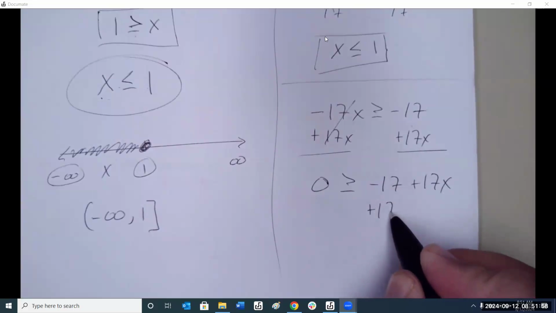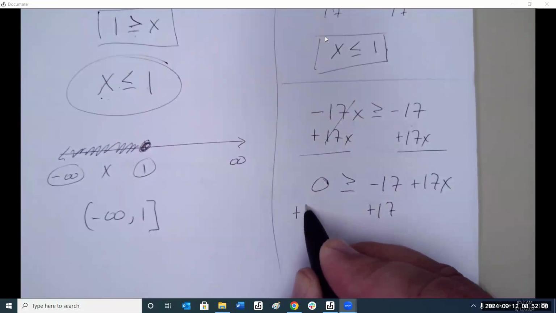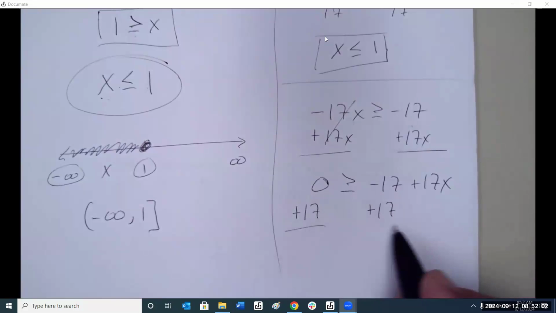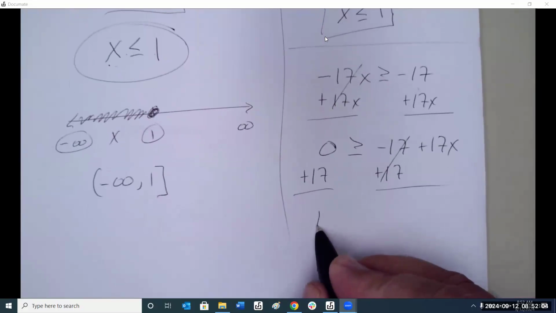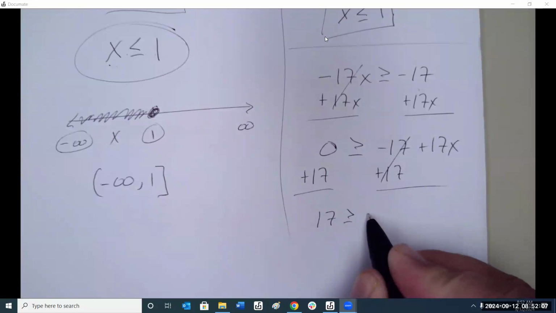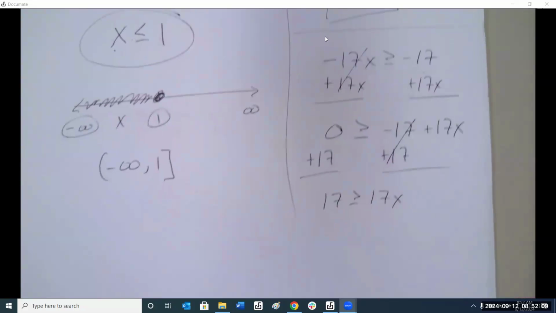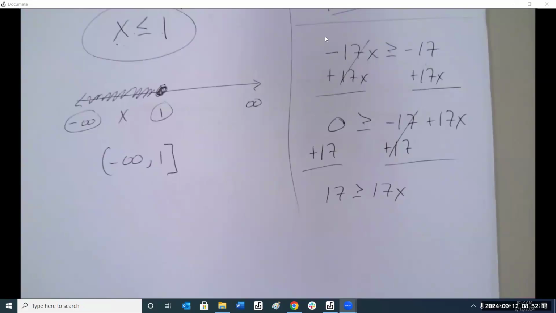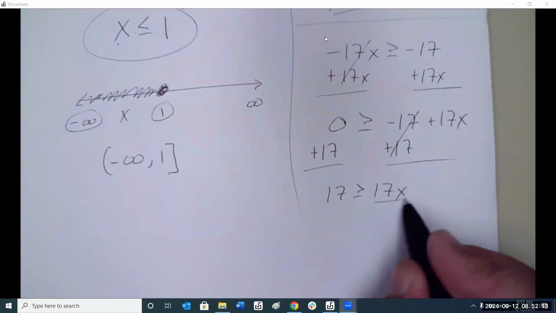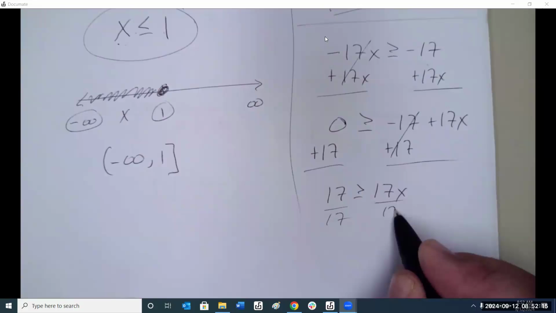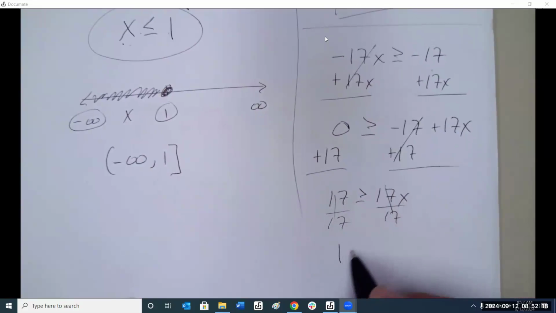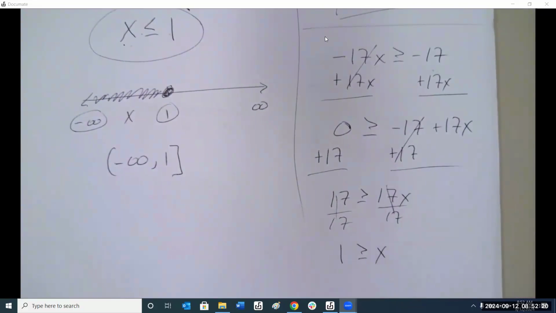Then we add the 17 because it's not an x, so it has to go to the other side. And then we divide by 17. So we have 1 is greater than or equal to x. So instead of moving the numbers around like we're supposed to, we could just change the sign and change the inequality direction. That's the reason why.